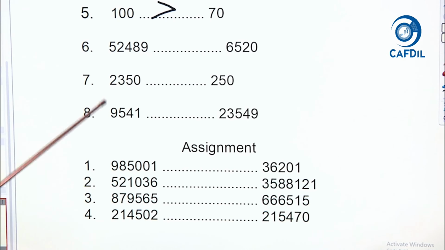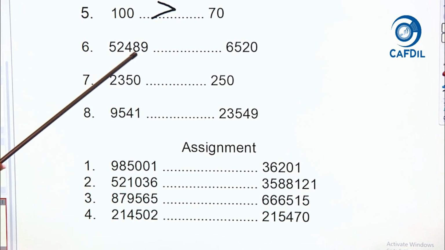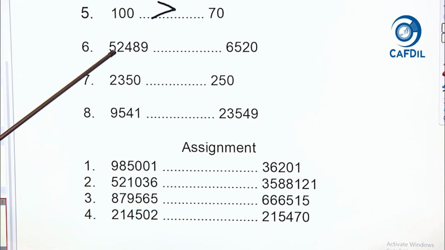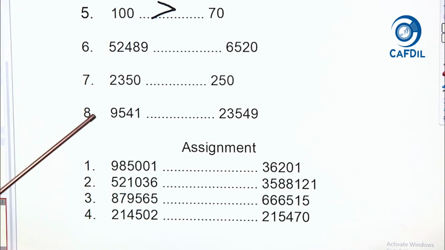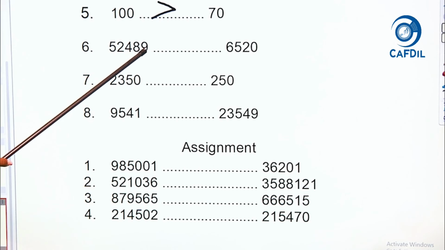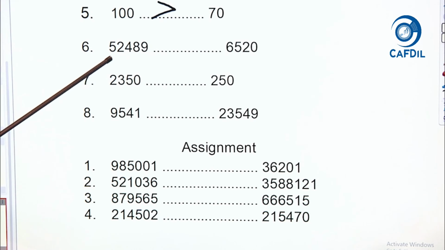Alright. Now we know that the digit of this number is higher than that of this. So we can say that this number is greater than this. Are we there? Yes. This number is in 10,000 and this number is in thousands. You remember our place value.